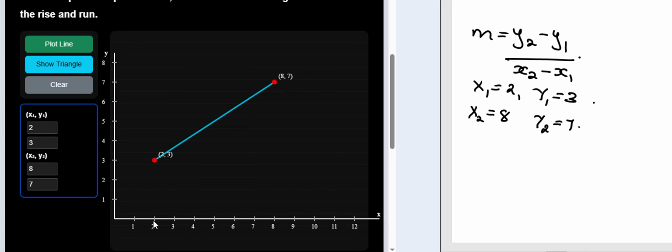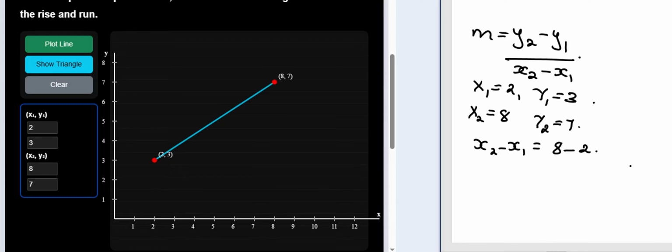But you notice that in the graph, x was initially 2, but it changed from 2 all the way to 8. So the change in x, which is given by x2 minus x1, is 8 minus 2. Then y, which was initially 3 here, changed to 7 here.